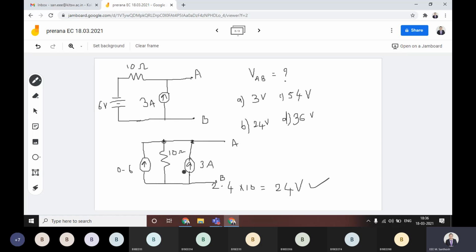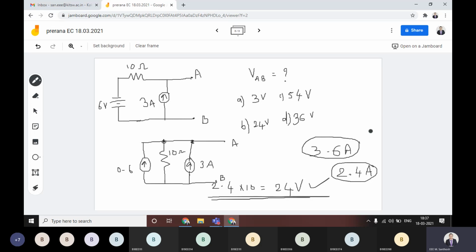Whether we have to add or whether we have to deduct. Deduct. Why we have to deduct? If we add, we are getting, someone is telling, 3.6 amperes of current. If we deduct, we will get 2.4 amperes. Why we have to deduct? Can anyone tell us?